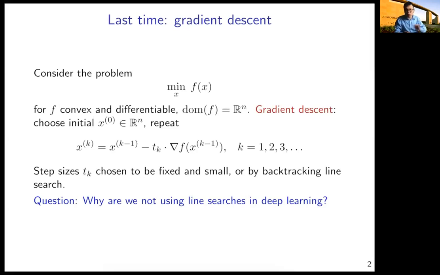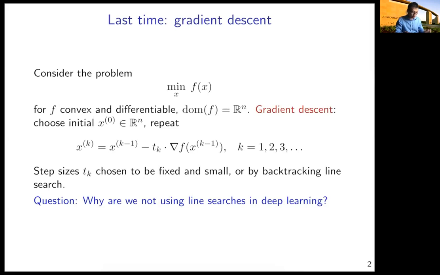We showed that when the step sizes t are chosen to be fixed and small, or chosen adaptively using line search techniques, then this procedure will end up converging to the optimal solution at certain rates.